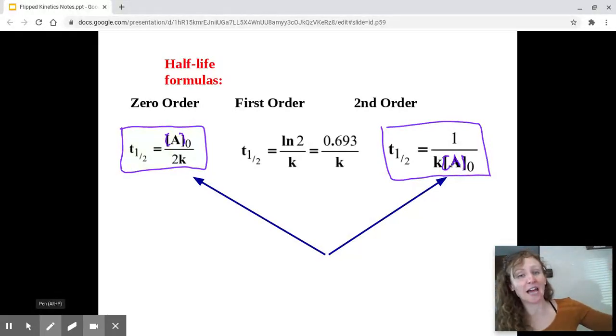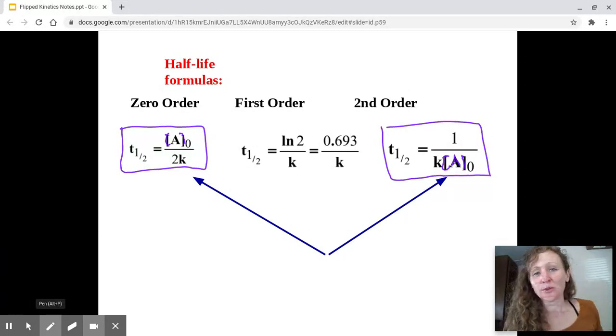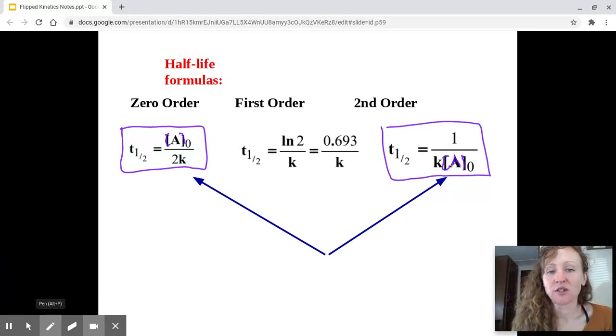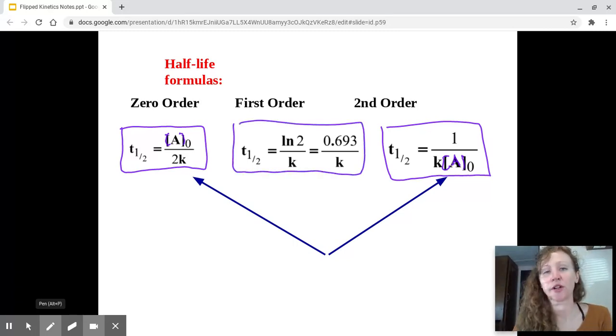So does the time it takes to get to half, which turns meaningless real quickly. So that would be the thing to know about zero order and second order half-lives, is that they're not useful equations because they are continually changing with the continually changing concentration. You would probably have to apply calculus to that in order to derive any meaning out of it, which we are not going to do.